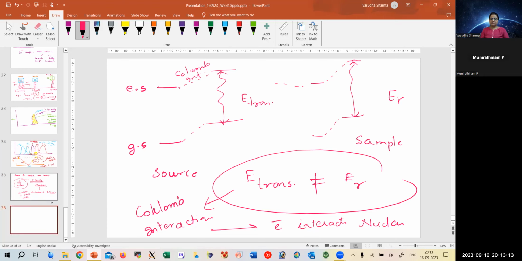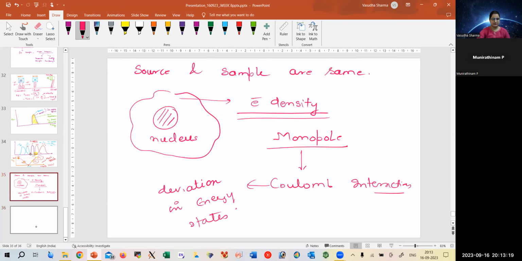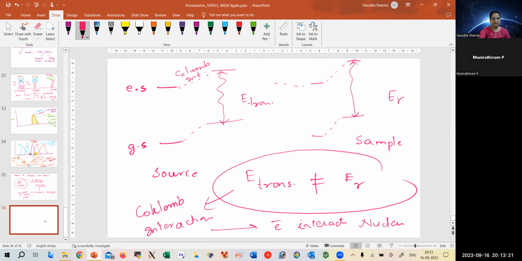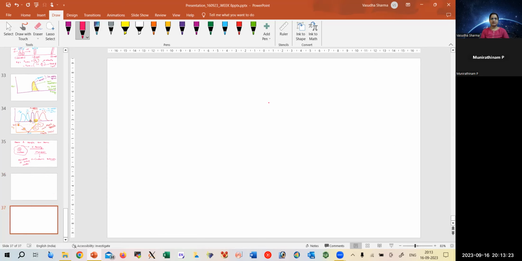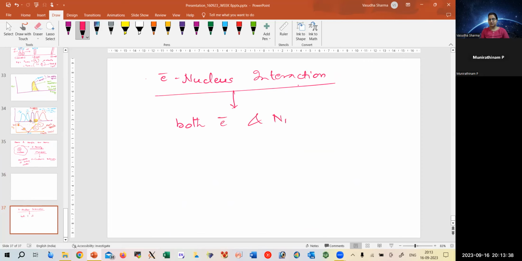For this particular scenario, for an electron or that monopole to exist, the electron-nucleus interaction, the Coulomb interaction in short, can only occur when both the electron and the nucleus share the same place.